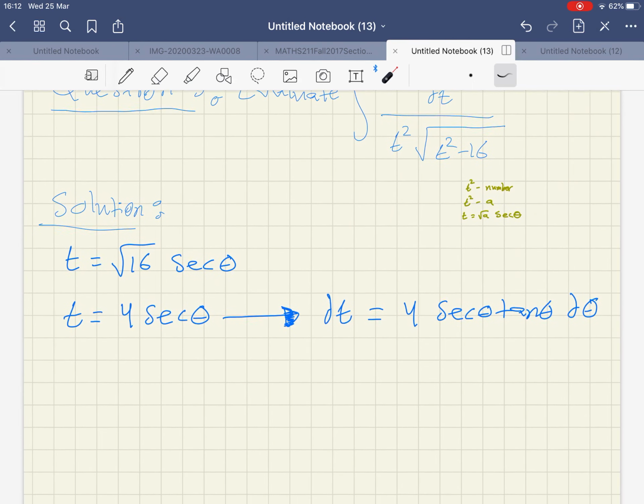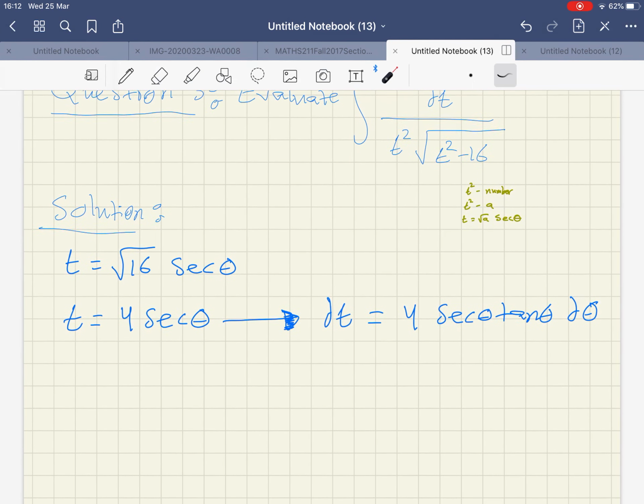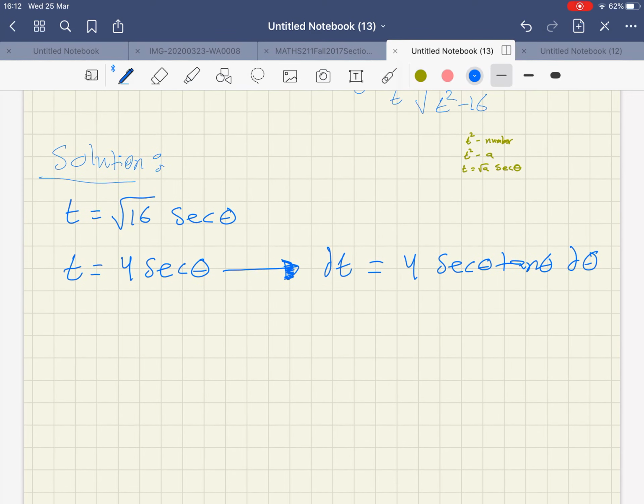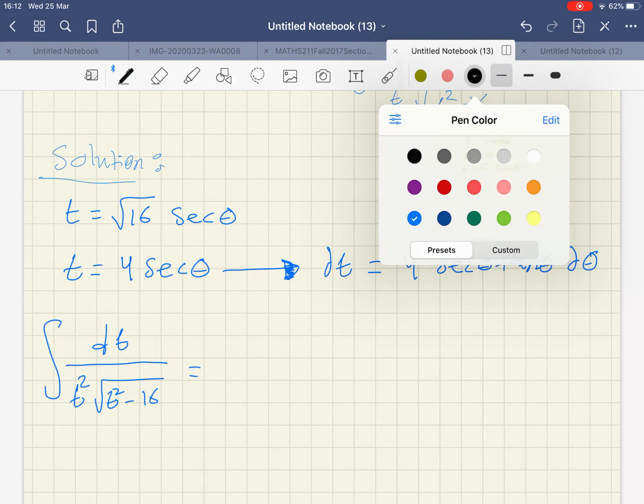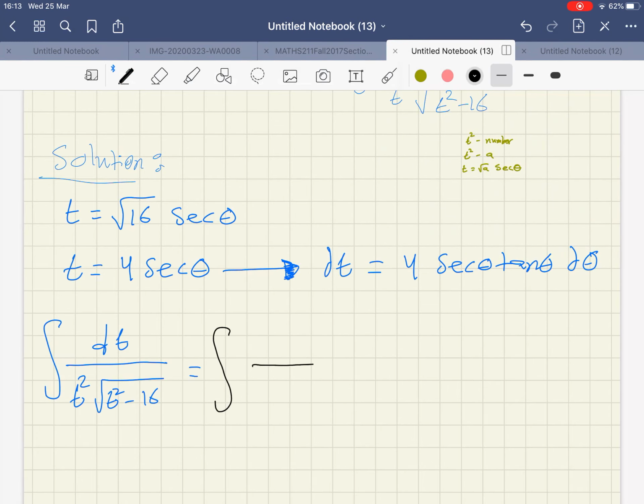Doing this replacement should simplify the question for me, and I should be able to do the integration. So this was the question, t squared times square root of t squared minus 16. Now if we do the substitution, if I remove dt, I will get 4 secant theta tan theta d theta.